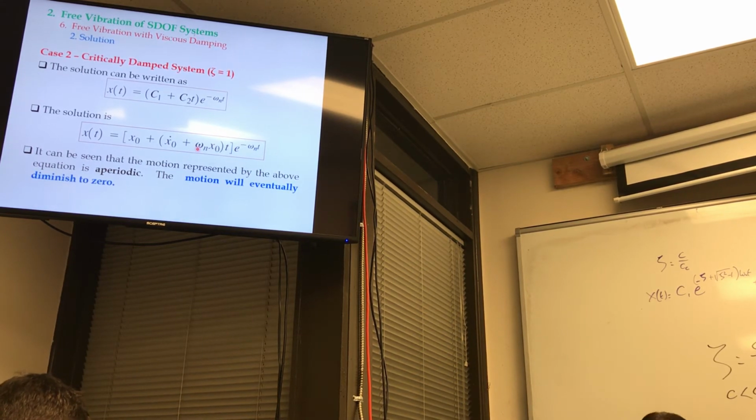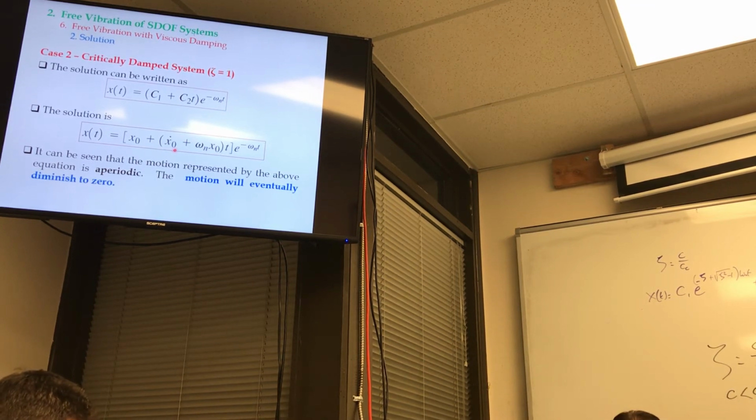So we are looking at three different cases. One is the underdamped case. We are now looking at the critically damped case. Now we'll follow up with the overdamped case in just a second. And clearly, can it be seen that this equation has no sine or cosines in it? So does that mean this motion will ever have any up and down?